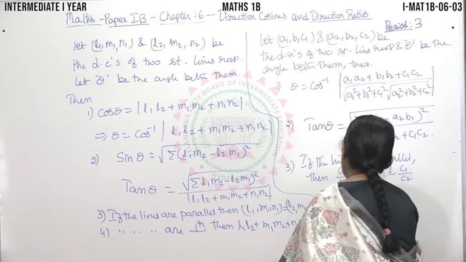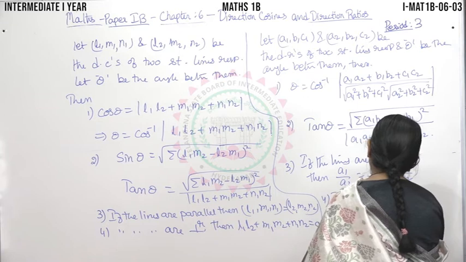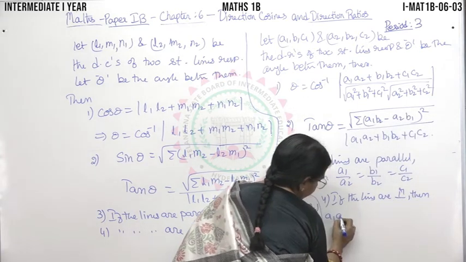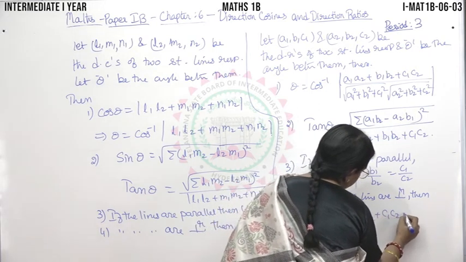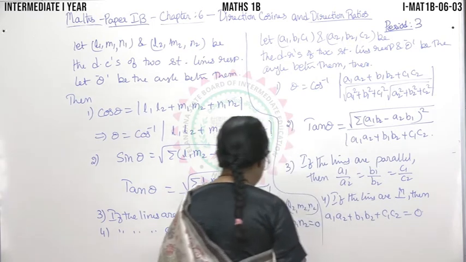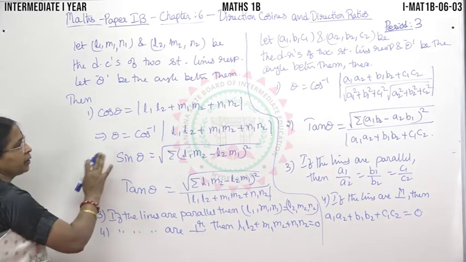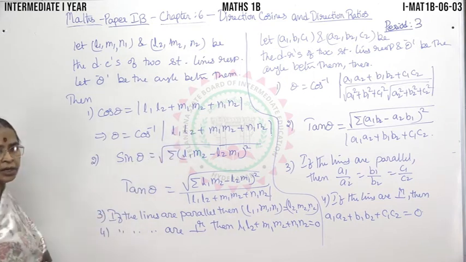Now, if the lines are perpendicular, then the condition is A1 A2 plus B1 B2 plus C1 C2 is equal to 0. So these are the formulae relating to direction cosines, and those are for direction ratios.